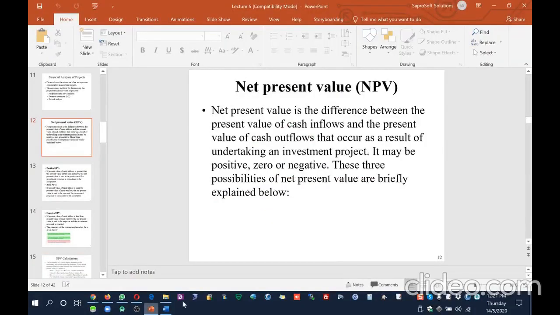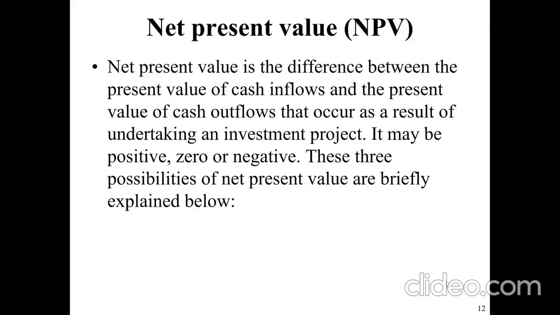Okay, let's now delve deep into the NPV calculations. So it is simply a difference, as we have already established, a difference between the net present value of cash inflow and the net present value of cash outflow that occurs as a result of undertaking an investment project. And so, because it's a difference between 2 figures or 2 cash flows, then it can be zero, negative, or positive.